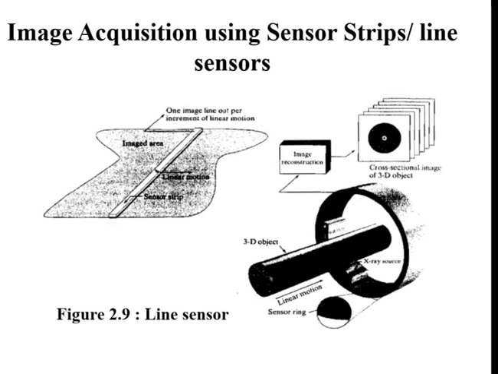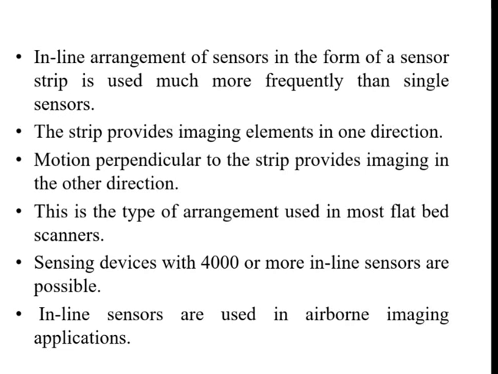The next one is image acquisition using sensor strips, the line sensor. The line arrangement of sensors in the form of a sensor strip is used much more frequently than the single sensor. The strip provides imaging elements in one direction.